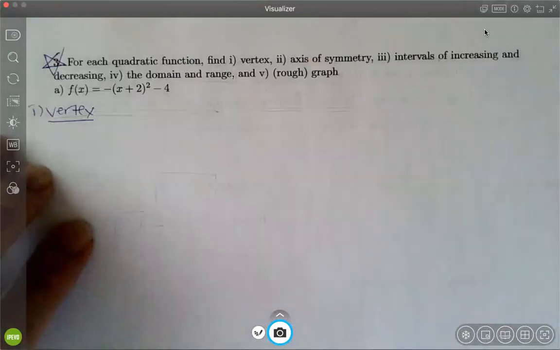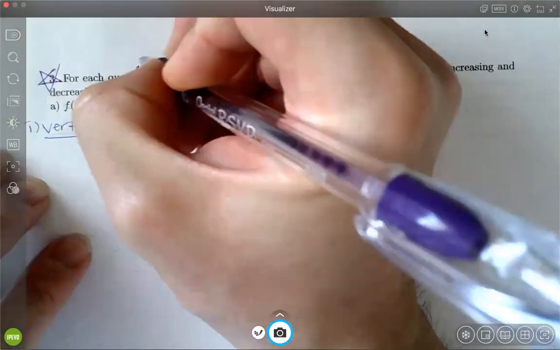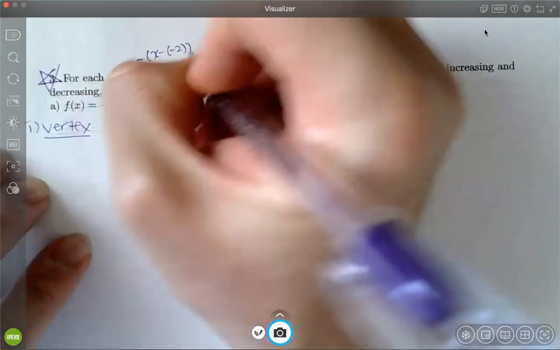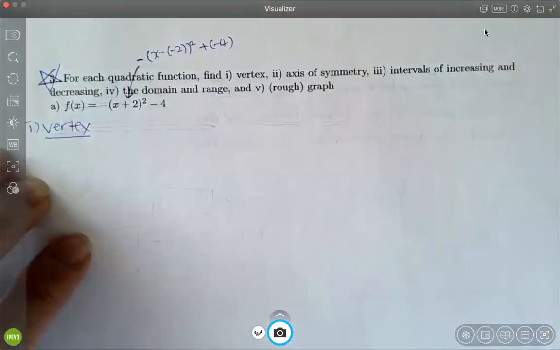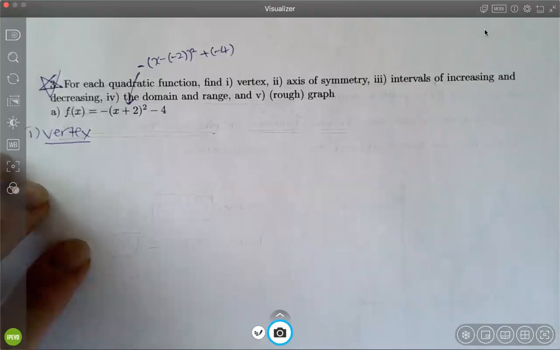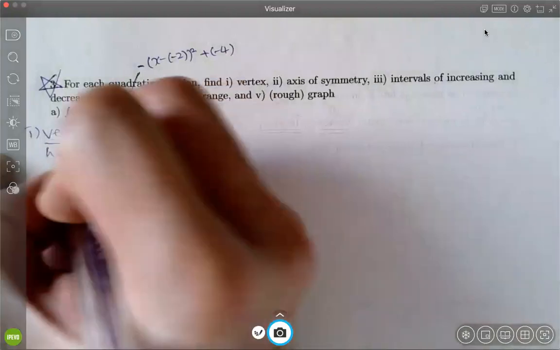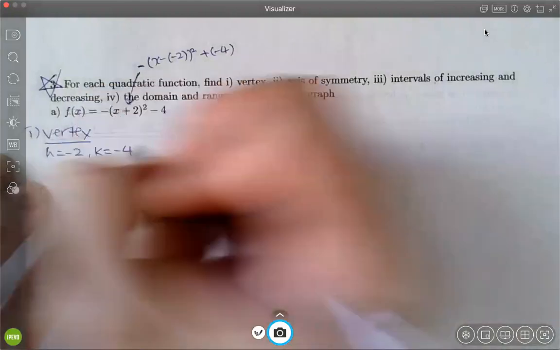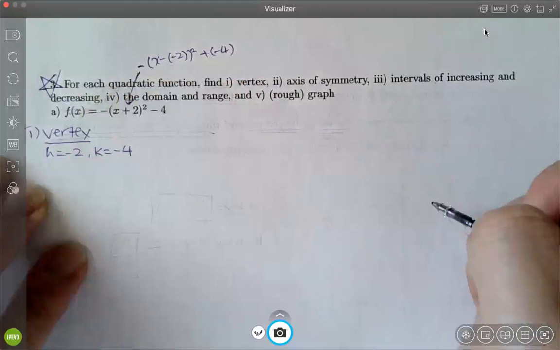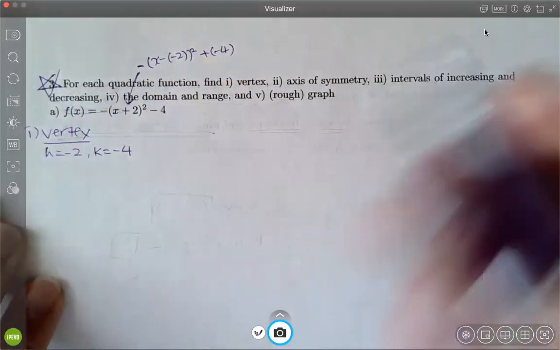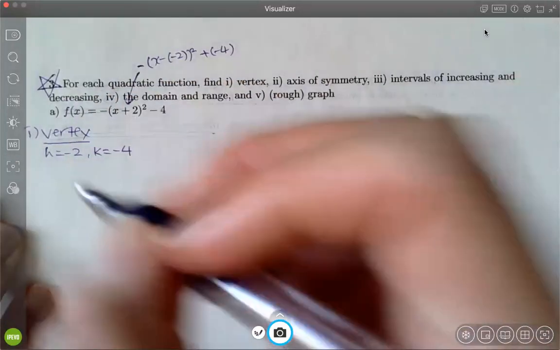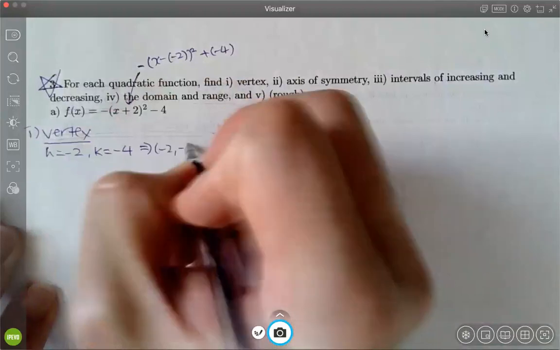So this is negative (x minus -2) squared and then plus -4. h is equal to -2 and k is -4. Be careful when this is positive. So the vertex is at (-2, -4).